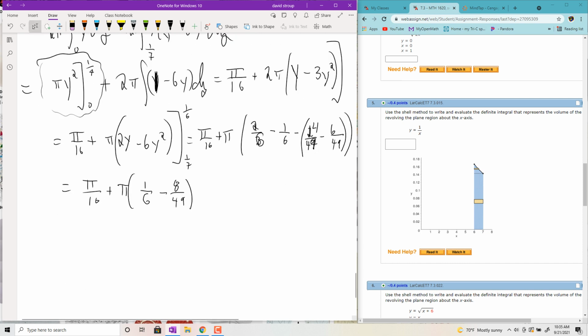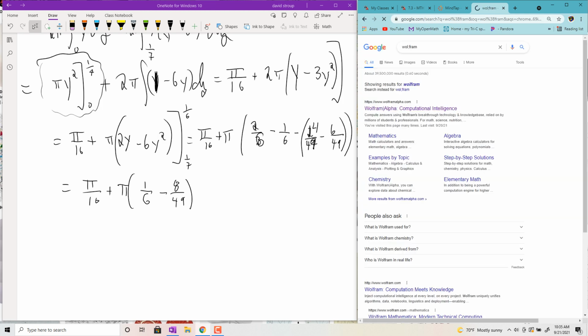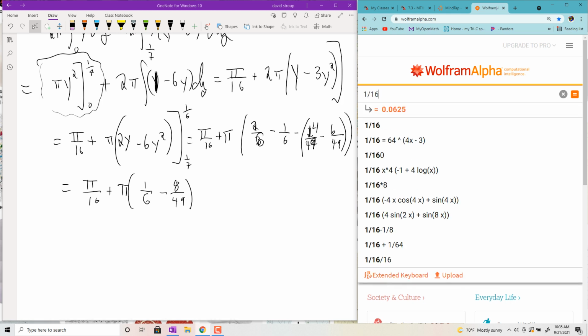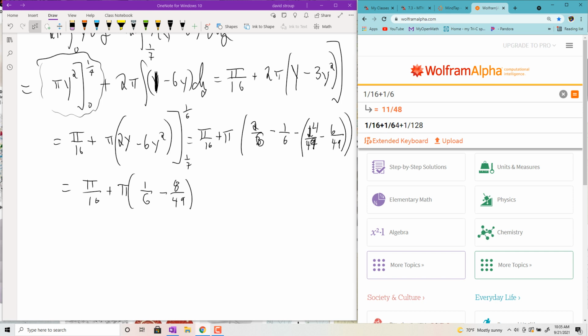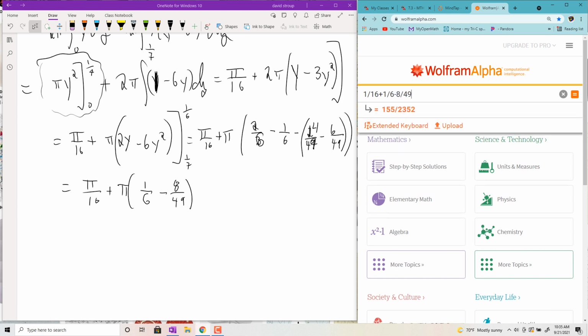And then probably need some common denominators, so let's go to Wolfram here. So 1 over 16 plus 1 over 6 minus 8 over 9 is a nice round number, of course. 155 all over 2352 pi.